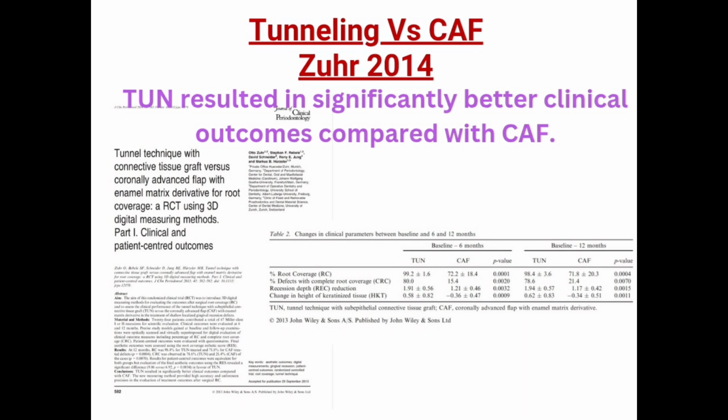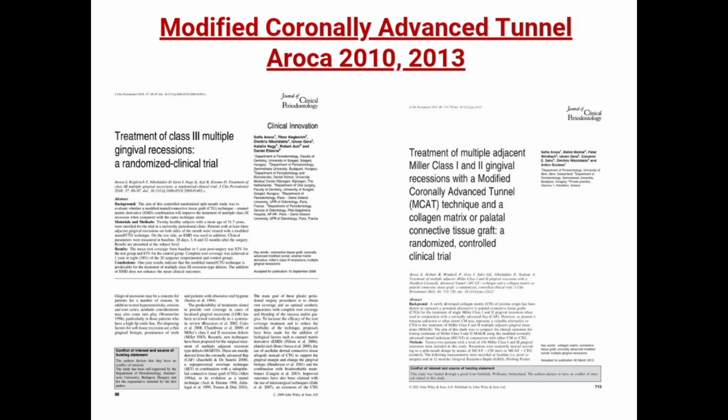Another significant contribution in intrasulcular tunneling is by Sofia Aroca, who through various articles in 2010-2013 has shown the advantages of intrasulcular tunneling and named it the modified coronally advanced tunnel technique.